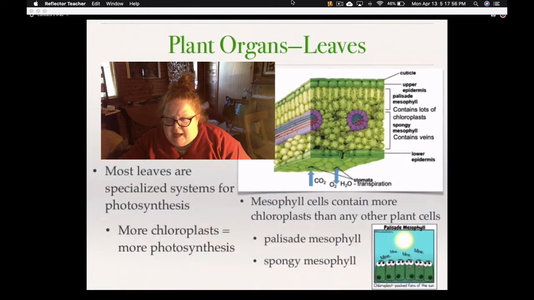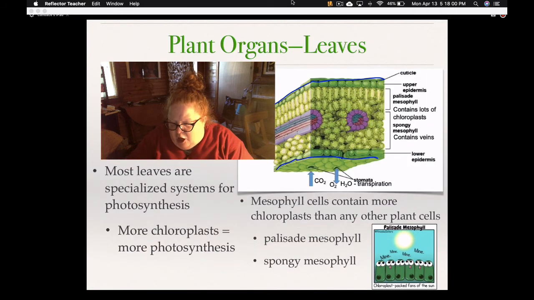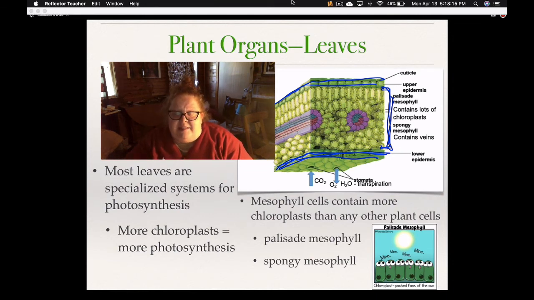All right, now this is that same thing. It's just not quite as comic-y. So here's that cuticle, upper epidermis, dermal tissue, lower epidermis. But what's new for us today that we haven't really talked about at all are these cells in the middle. Now remember, the whole point of the leaf is photosynthesis. It's to carry out that process.